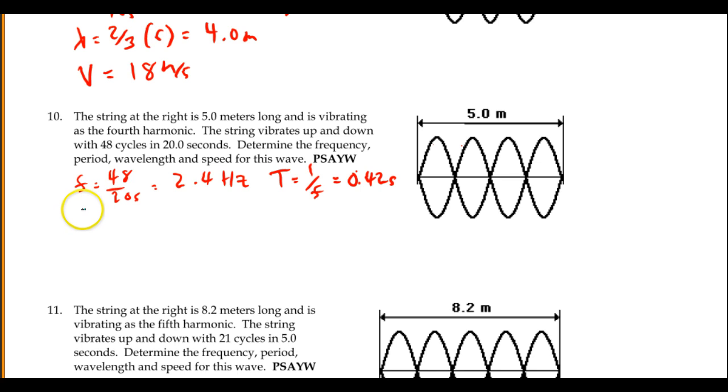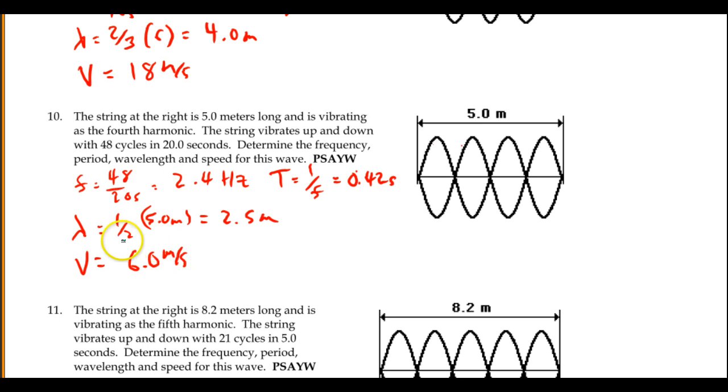The wavelength is going to be 2/4, or 1/2, of the distance, and this one is 5 meters long, so that's going to be 2.5 meters. And then the speed is going to be, again, frequency times wavelength, so 2.4 hertz times 2.5 meters is going to give us about 6 meters per second. Okay, so again, if you're not sure about this multiplier, you want to look at the number of cycles that you have, and it's going to be the inverse of that number of cycles. So we have 2 total cycles, inverse of 2 is 1/2.